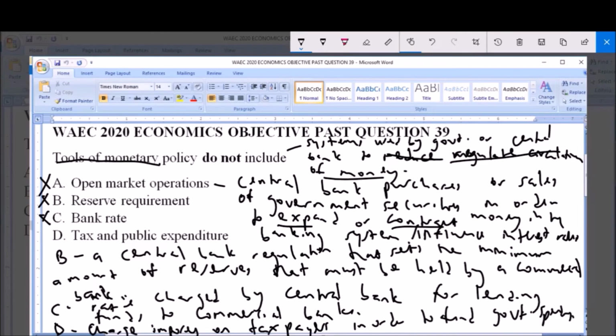And then the public expenditure just refers to this government spending, the spending made by government on collective needs and wants, such as salaries, pensions, security, etc. And as we have seen here, it is not used to regulate the amount of money in the banking system. So it is not a tool of monetary policy, and hence it is the correct answer to this question.